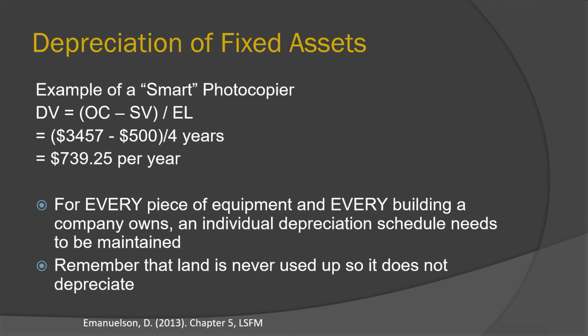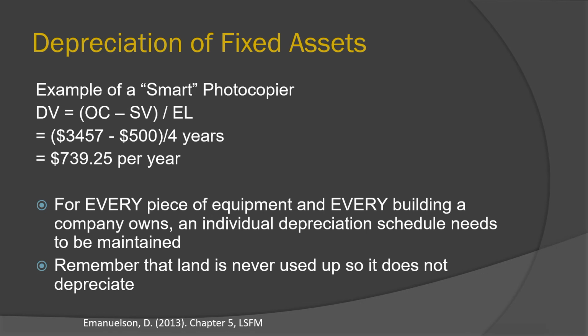I'll give an example. So let's say we're a company that has a smart photocopier. So that means color, faxing, scanning, talks to you, all that stuff. And in this case, our calculation is the depreciation value equals the original cost minus the salvage value divided by its expected life. The company originally bought the smart photocopier for $3,457.